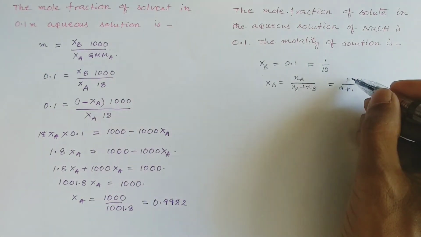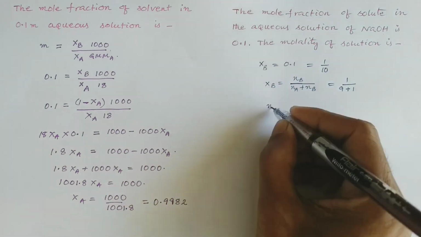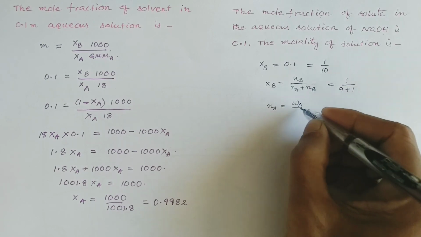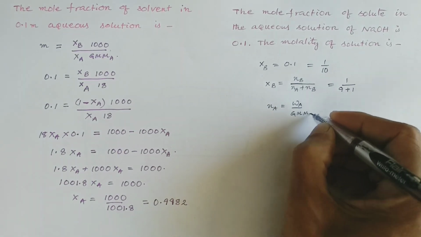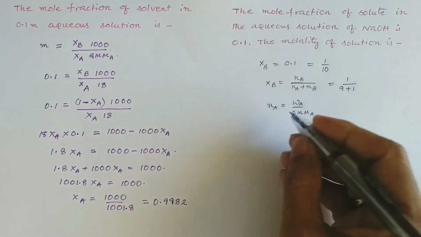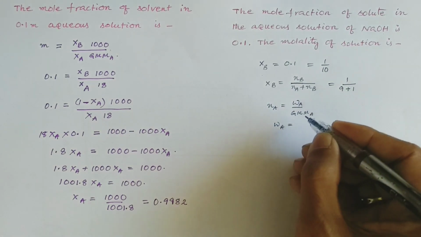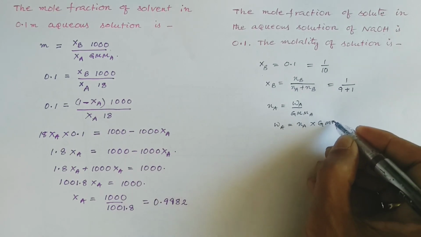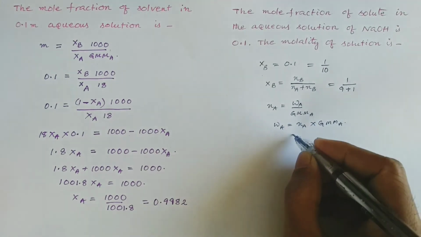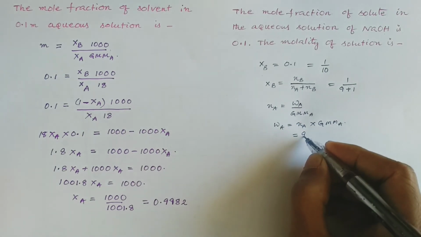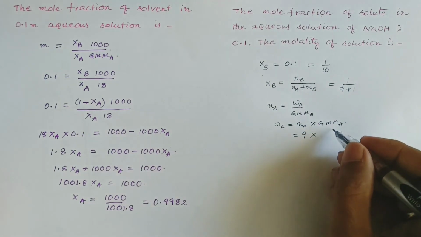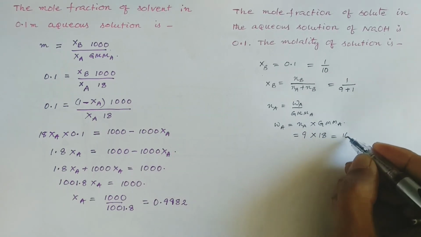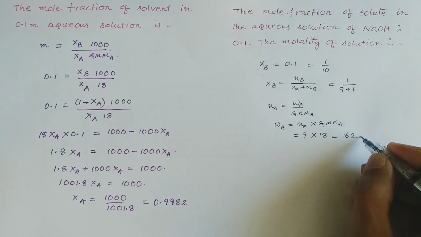Okay, now number of moles of solvent is equal to mass by gram molar mass of solvent, or mass of solvent is equal to number of moles of solvent into gram molar mass of solvent. Okay, so number of moles of solvent is 9 and gram molar mass of solvent is 18, right? So that is equal to 162 gram.